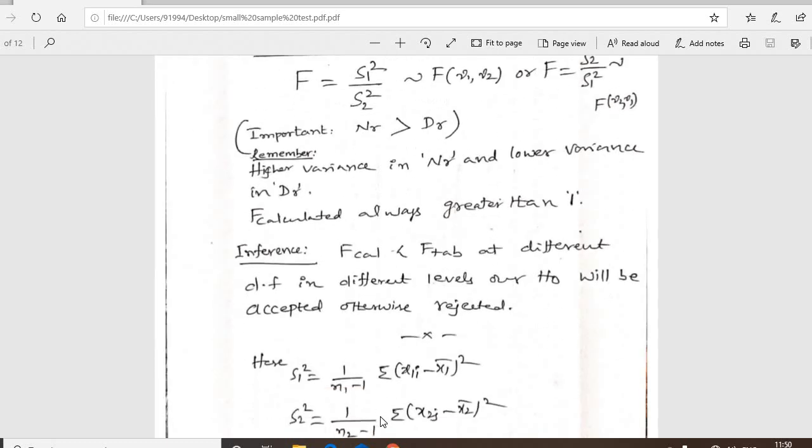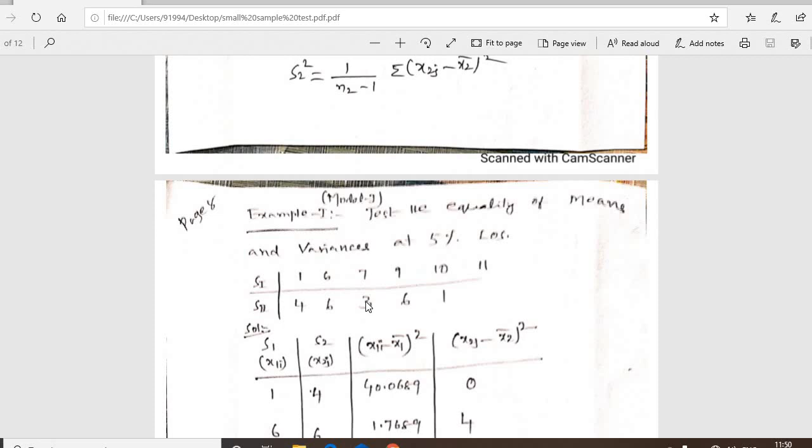Now according to our conclusion, see that one example. Test the equality of means and variance at 5% level of significance. Given data 1 and data 2, samples x1 and x2. The x1 observations are given, the x2 observations are given.